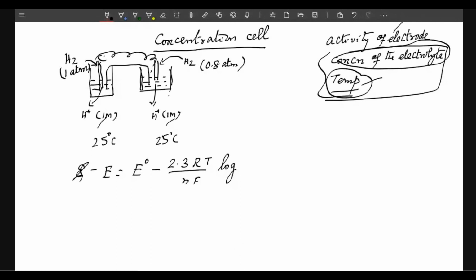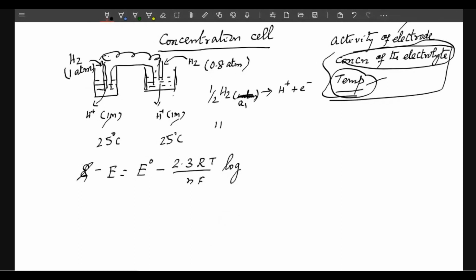Here, hydrogen at 1 atmosphere giving the cell reaction, I am going to write as H plus plus electron, half hydrogen giving this one. And another here, we will have not 1 atmosphere, let us have it as A1 atmosphere. In the other reaction, H plus would take the electron, giving half hydrogen; that is the cathode reaction. Here the activity is A2.